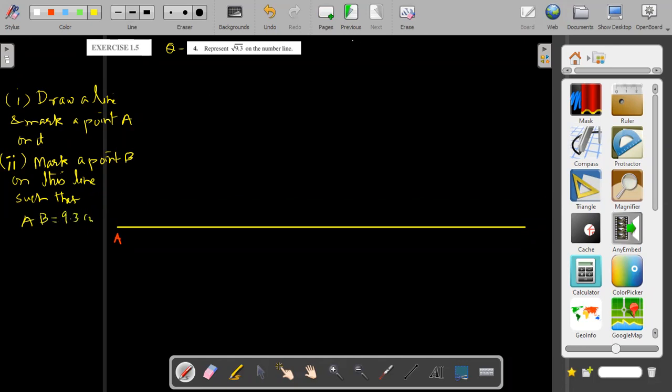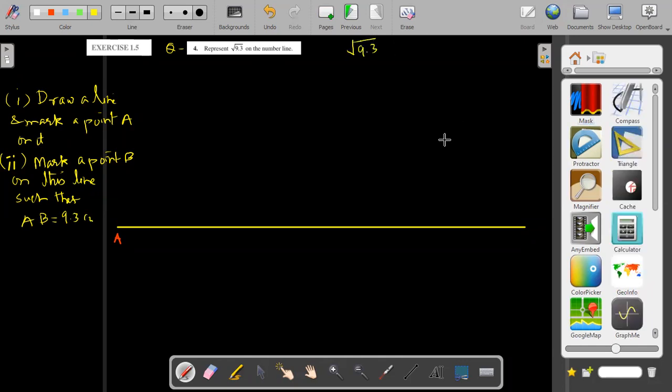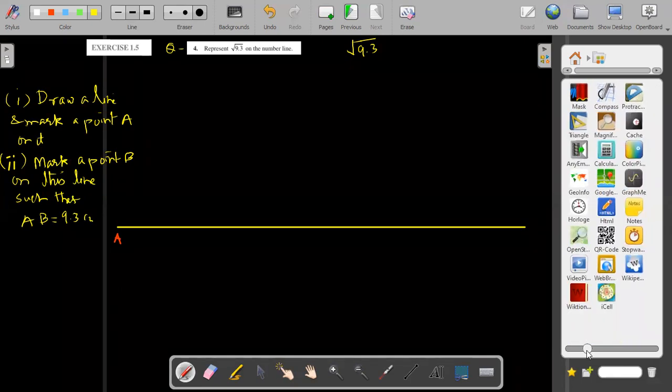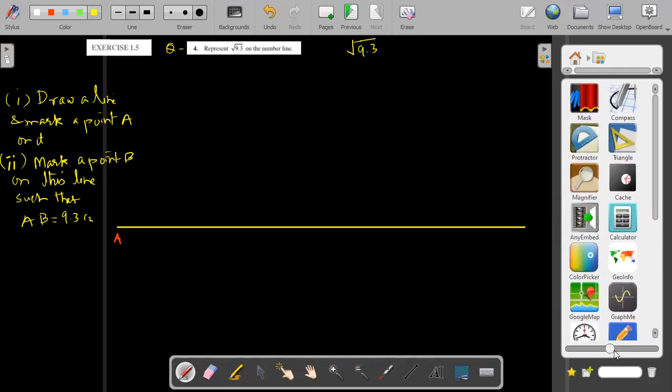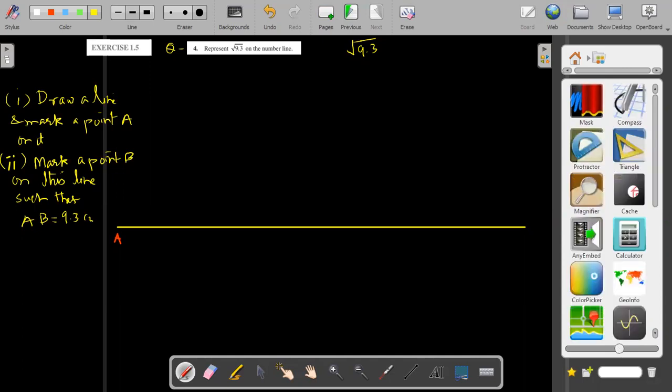You have to find the square root of 9.3, so you take 9.3 centimeters.